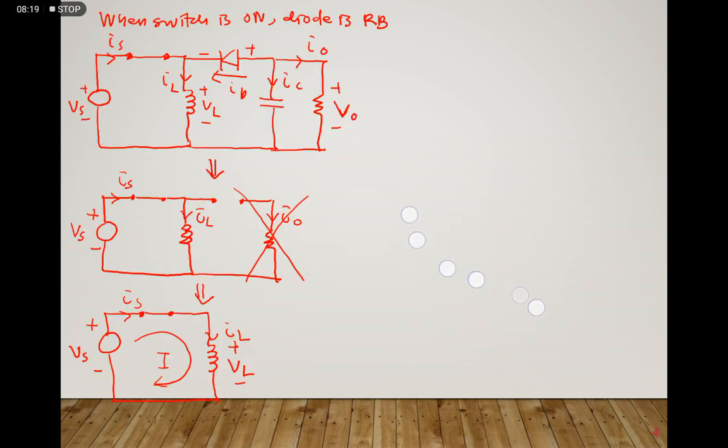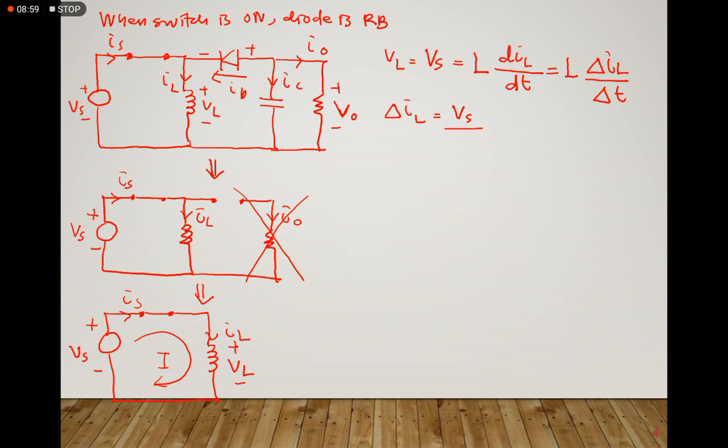So VL will be equal to Vs, since the only source that we have in this circuit is Vs. VL equals L di over dt, which we replace by delta IL over delta T, and then we get the delta IL equation, which is Vs over L multiplied by delta T.